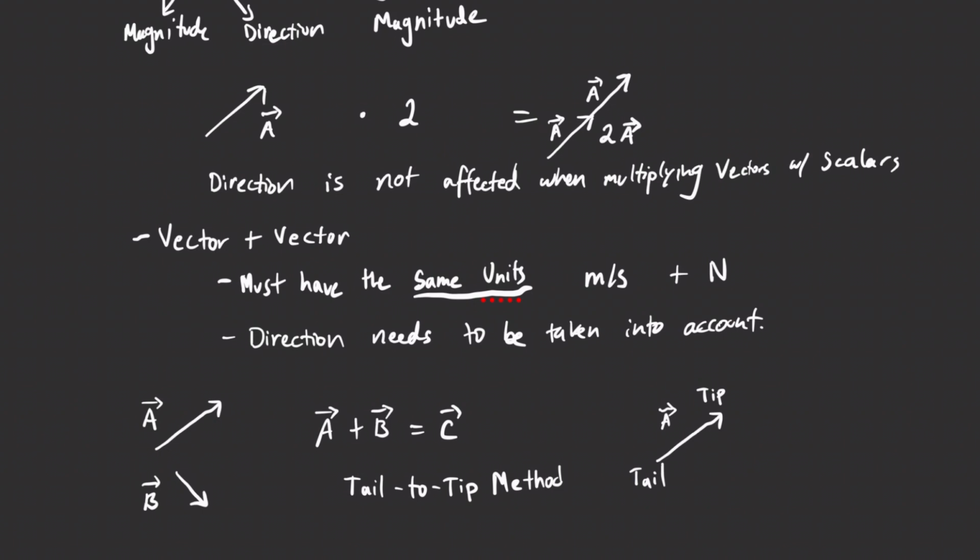And so for the tail to tip method, we'll first draw out vector A, and then we'll go ahead and draw out vector B and place the tail of vector B to the tip of vector A.